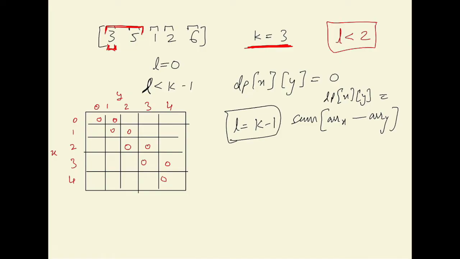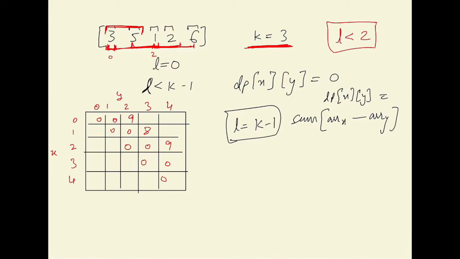So in this case, for 0 to 2, the sum of these three elements is 5 plus 3, 8 plus 1, 9. For these three, the sum would be 3 plus 5, 8. The sum of these three would be 6 plus 1, 7 plus 2, 9.